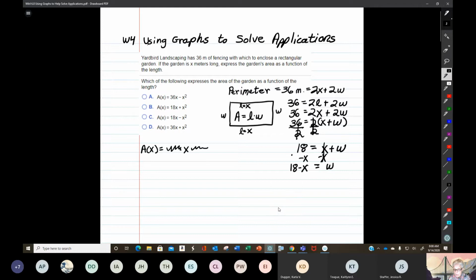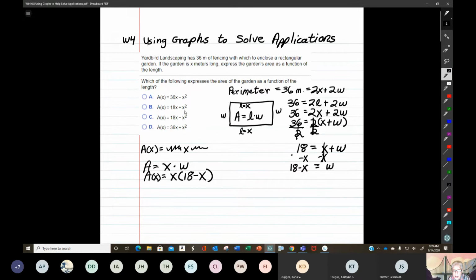Now here's what I know. Okay, area equals length, which is called X, times width, which we're calling, what does width equal? 18 minus X. Except I should have said A of X, but oh well. And while I could leave the answer like this, the world would not come to an end, probably.